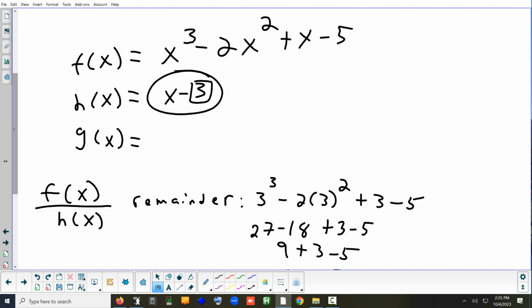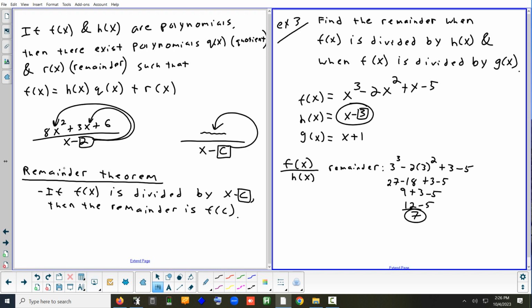All right? Now, let's do the same thing again, except change the denominator to x plus 1. Now, I want to use the remainder theorem. Does this look like what it's supposed to look like to use the remainder theorem? No, it's not a minus. It's supposed to be a minus, but this is close enough that we can fix it and make it work.